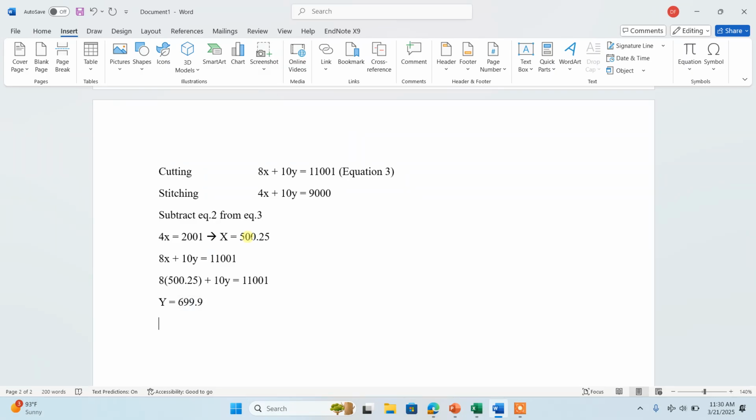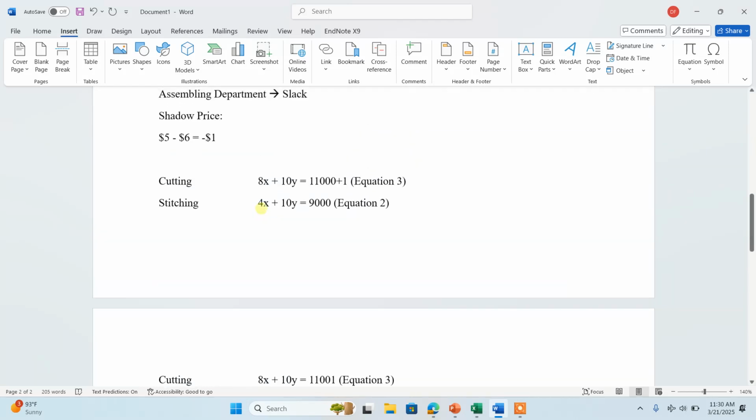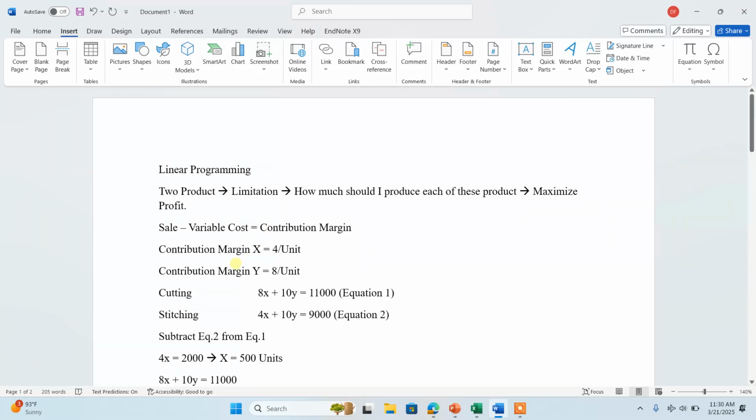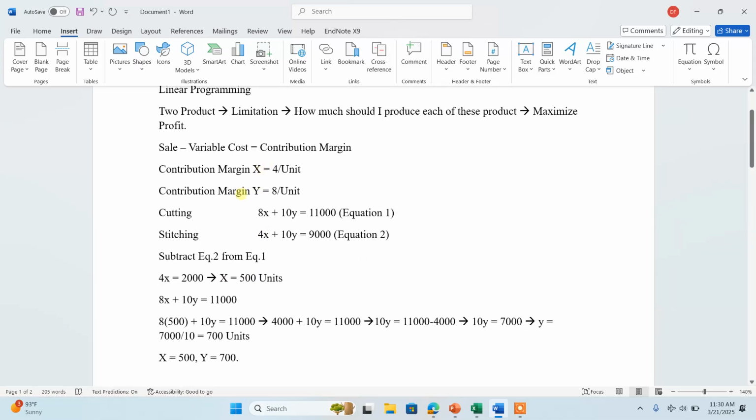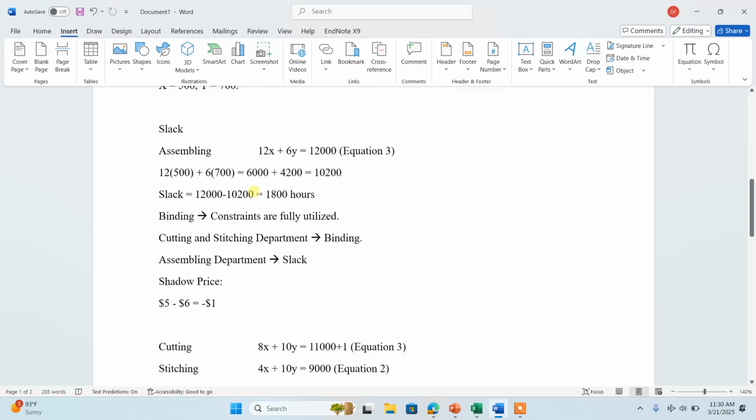Let's calculate the contribution, the maximum profit if I produce this combination. In 1 unit, what is the objective? Remember, 4x plus 8y. The contribution of x is 4 and y is 8 per unit.